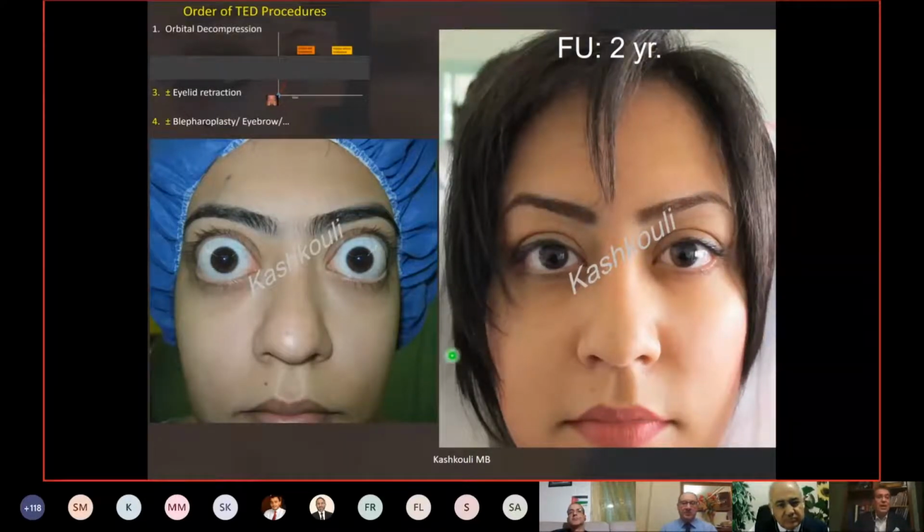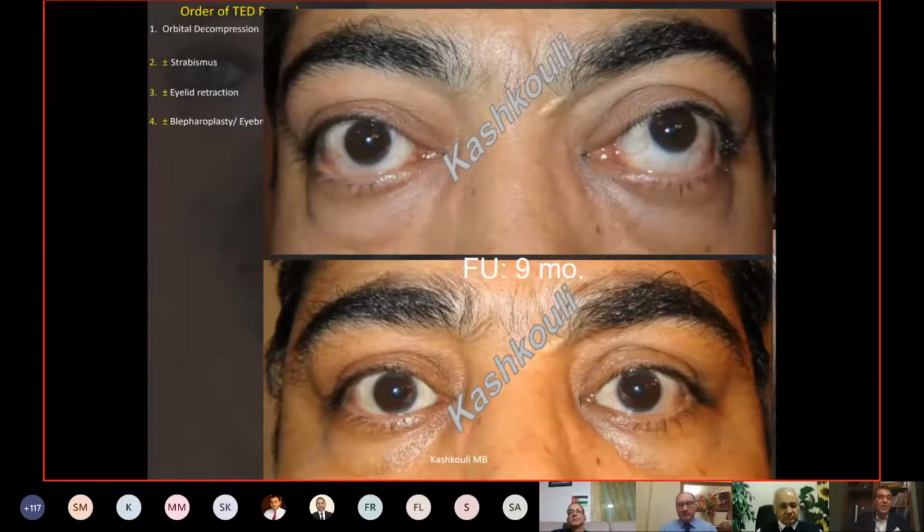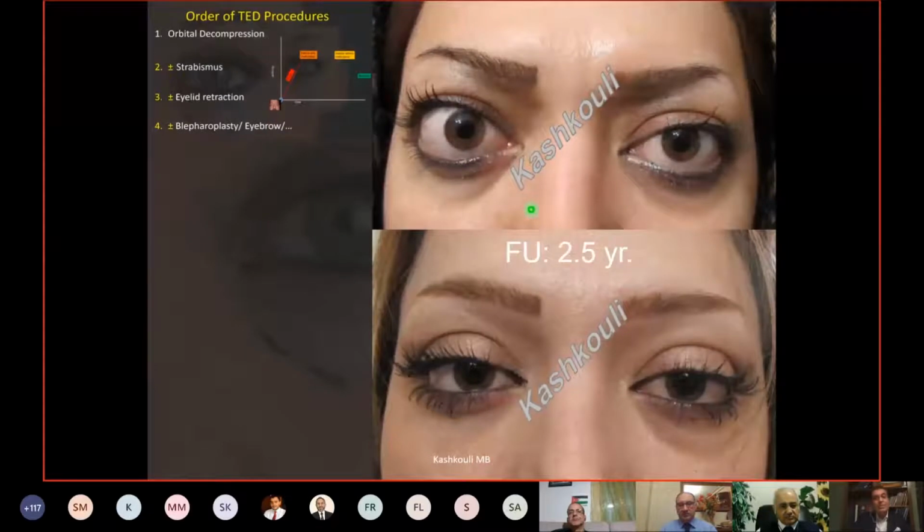And this is 2 years of follow-up after decompression, but no strabismus surgery, with eyelid retraction repair and blepharoplasty together. And this is the case, again, with all the procedures, from here to this 9 months, he required 4 procedures. Sometimes we end up with a high TPS.